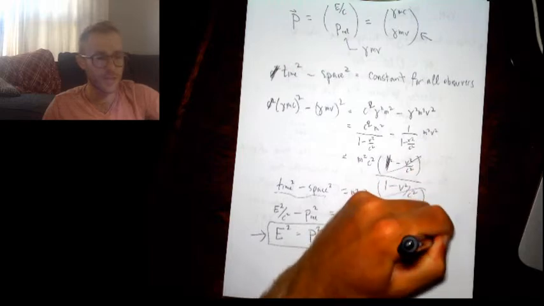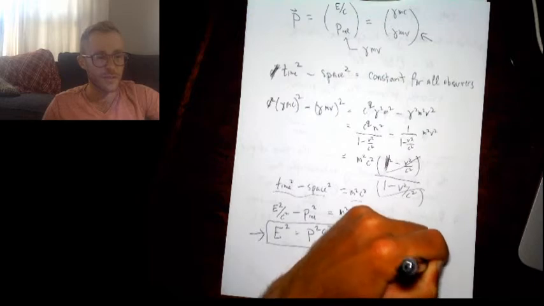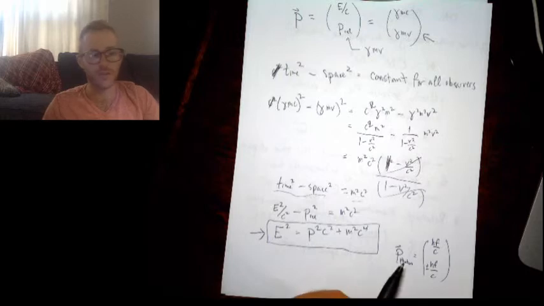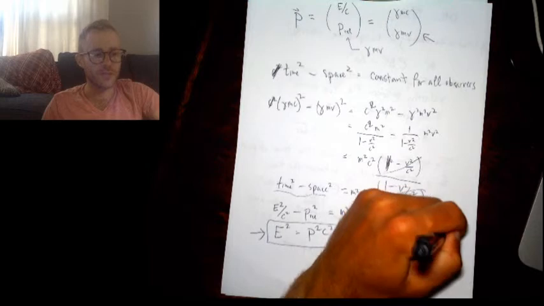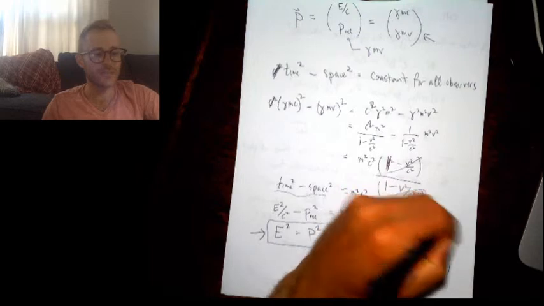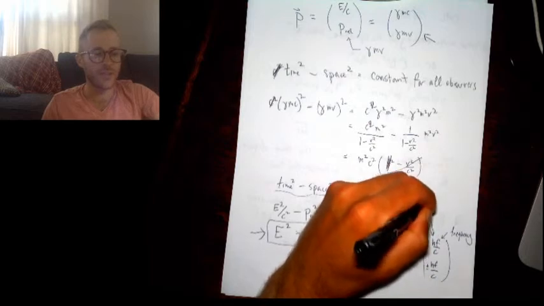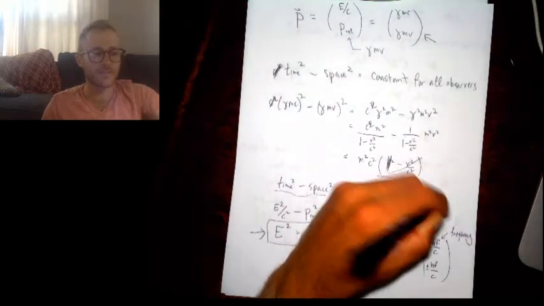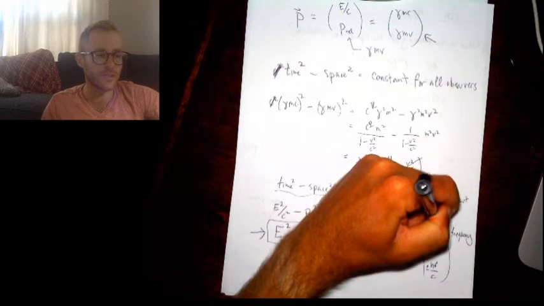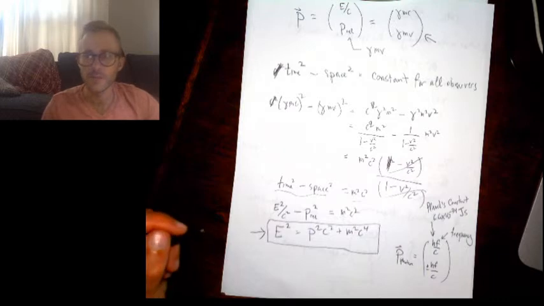So it ends up being hf over c, and this is plus or minus, depending on whether the photon is moving to the right or to the left. f is the frequency of the photon, c is the speed of light, and h is called Planck's constant. Its value is 6.6 times 10 to the minus 34 joule seconds.